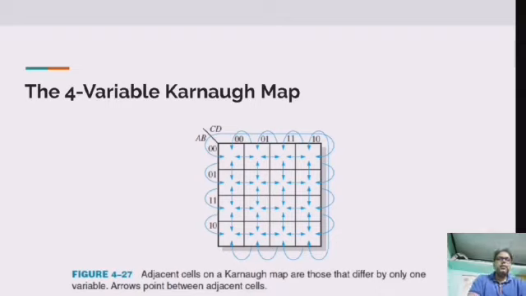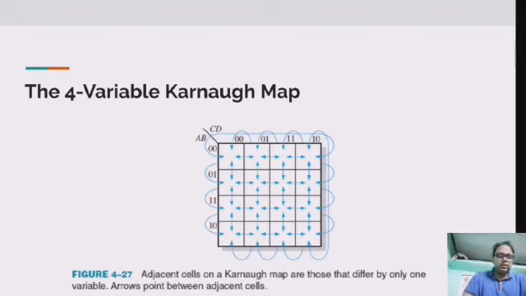For example, suppose we have a cell 1 1 1. It will be adjacent to the single variable change cells. Whenever there is a single variable change for those cells, it will qualify as adjacency. Physically, each cell is adjacent to the cells that are immediately next to it on any of the four sides.